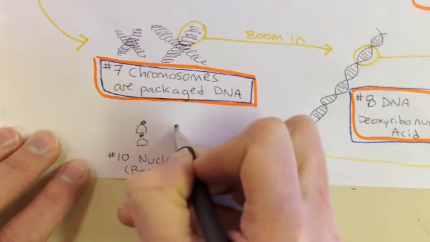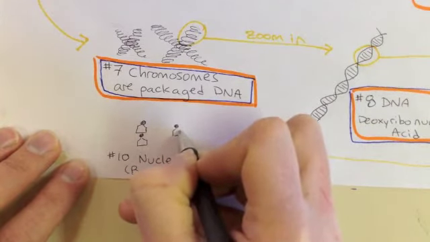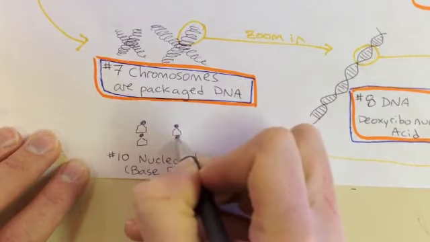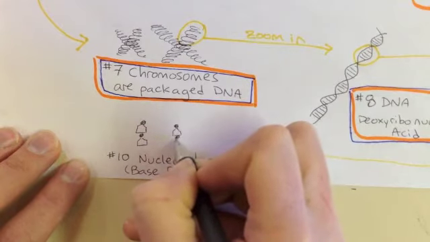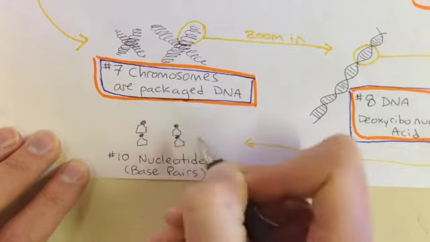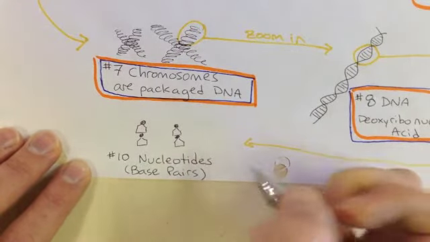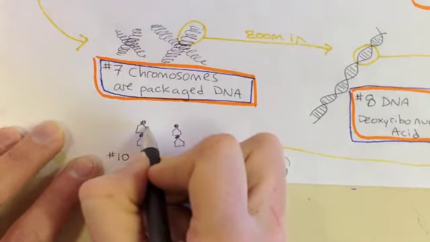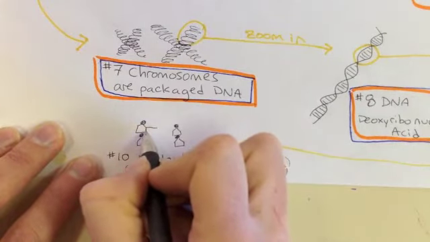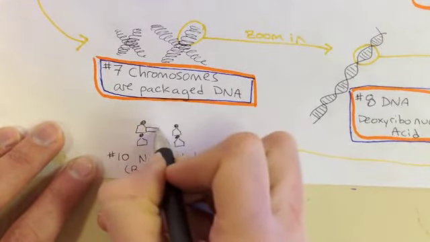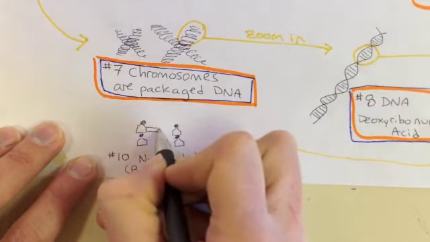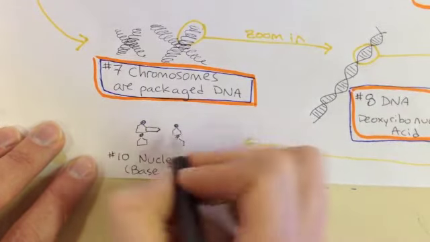And this is just an illustration of those two molecules, sugar and phosphate. This box part is the sugar, and then this little circle is the phosphate. Both of those are just molecules. And then I'm going to draw just an illustration, a pretend illustration of what these base pairs could look like, these nucleotides.